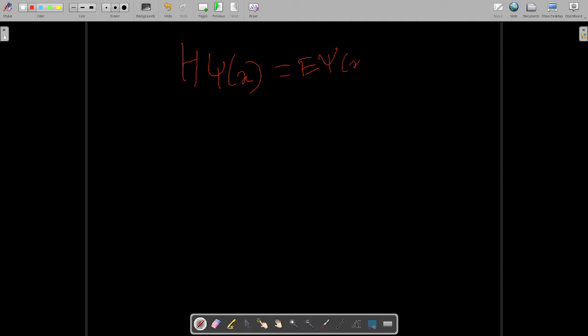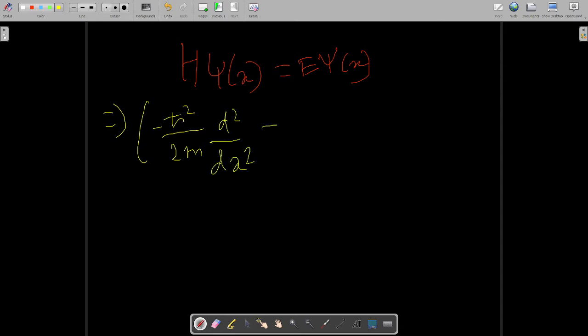Okay, this is the time independent one. So clearly from here I will substitute the H value, which is given in this way. Now I will not use partial differentiation over here. Instead I will use full differentiation.